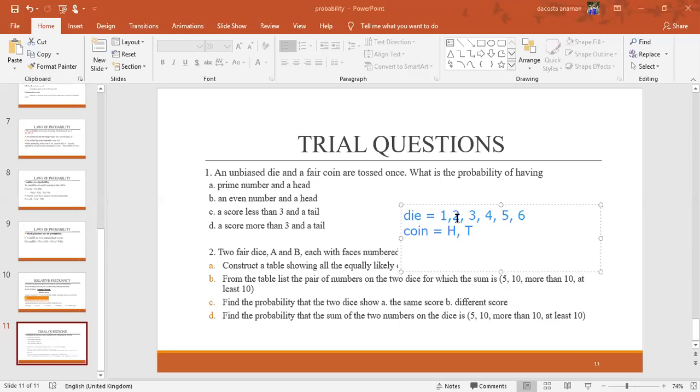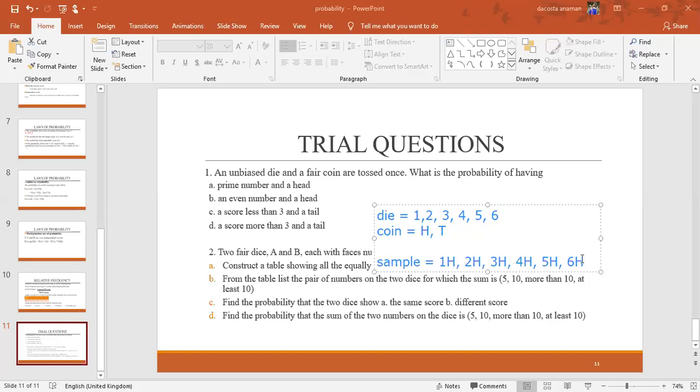So if they are tossed once, you can have the sample because you can have either a 1 and a head, so 1 head, or a 2 and a head, 2 head, or a 3 and a head, 3 head, or a 4 and a head. You can also have a 5 and a head, or a 6 and a head.